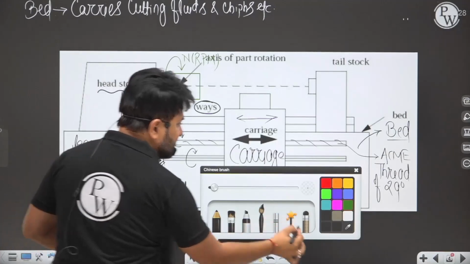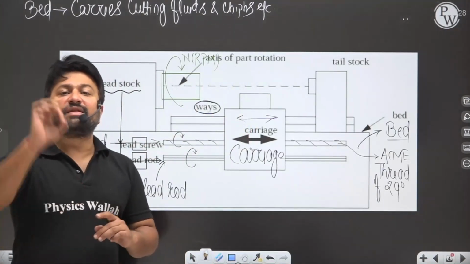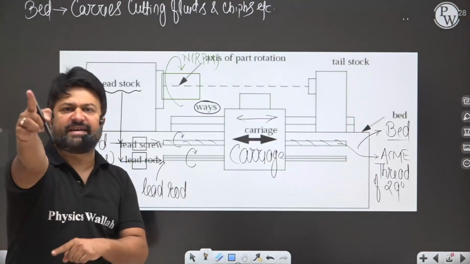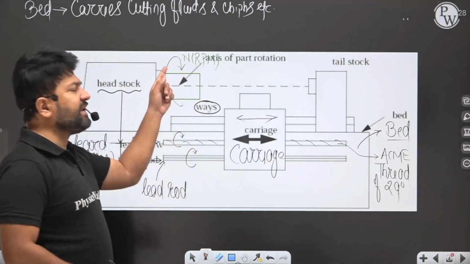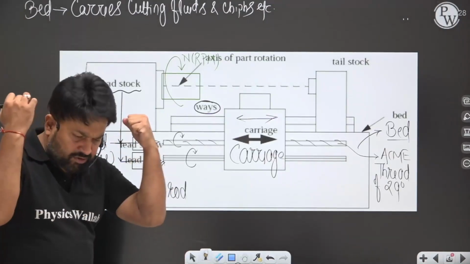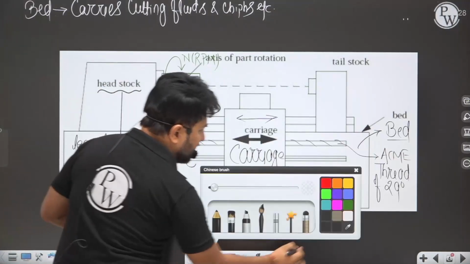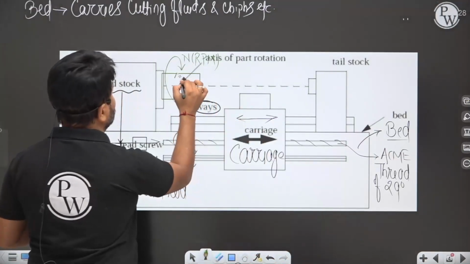The critical parameter on the lathe is the speed of rotation, generally RPM. Whenever you talk about the cutting speed, you are talking about the RPM. You can find the speed if you know the diameter of the workpiece.